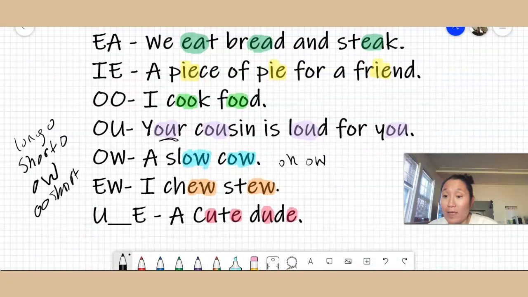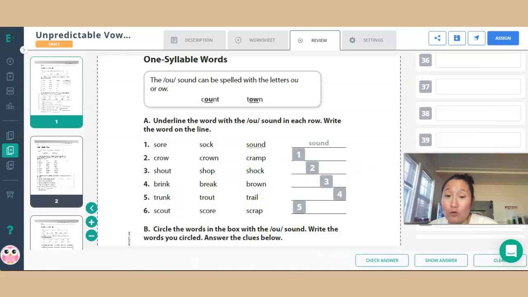And then you could also make the short oo sound, soon. It would not be correct. So you kind of have to play with those sounds a little bit with the words, especially when you're working with them. So this one's saying the ow sound can be spelled with the letters OU or OW, count and town. So then you need to go through and look at what words sound correct with the owl.